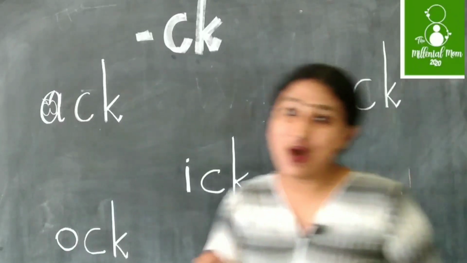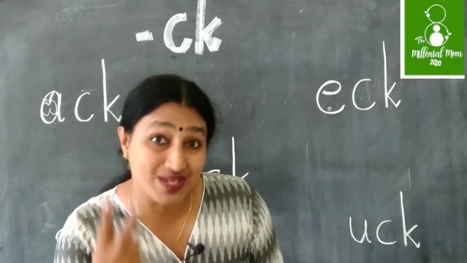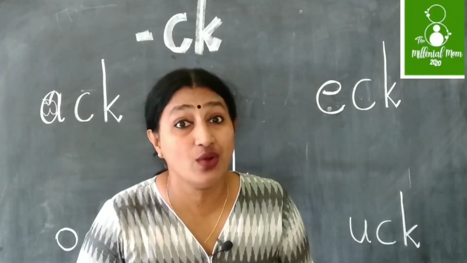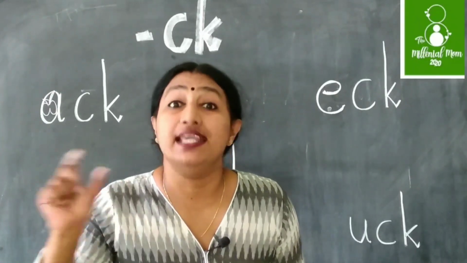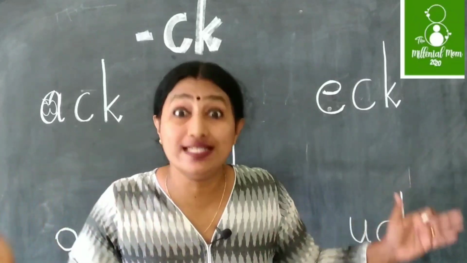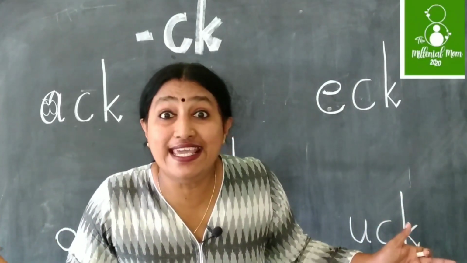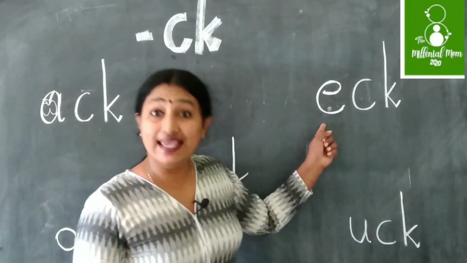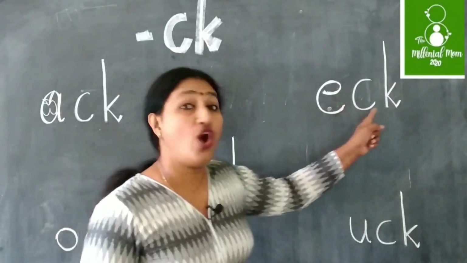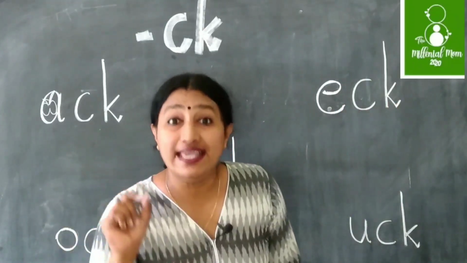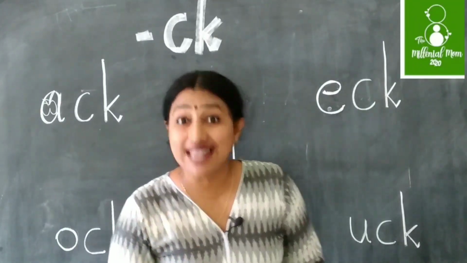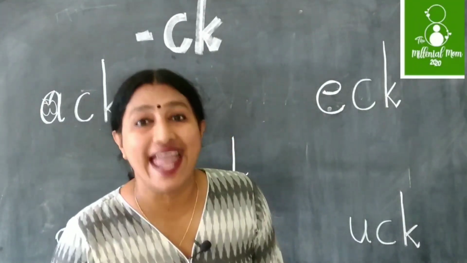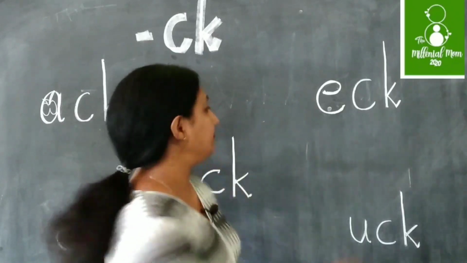Now the next one. E-C-K. Now we know E can have two sounds. The short sound, the elephant sound, e, and he also can take the long sound, which is E. When you see an E before CK, E will always take the short sound, the sound of Eddie, elephant, e.